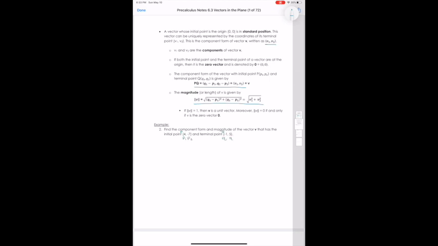In number 2, we're trying to find the component form, so the V1, V2. That's the first bold underlined formula. And we're trying to find the magnitude of the vector V. I'm going to start off by doing V1, which is Q1 minus P1, and then V2 is Q2 minus P2.